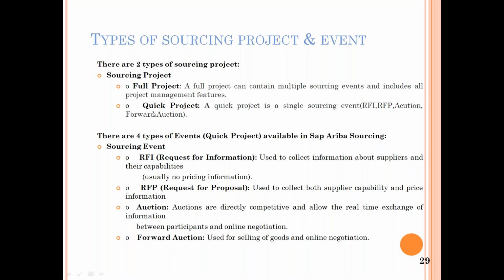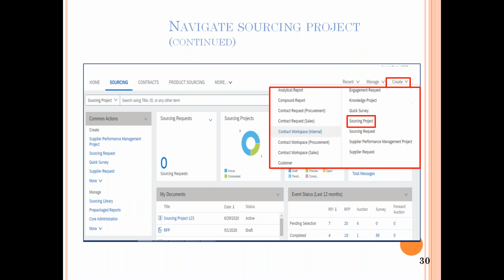But if you select quick project, only one. If you want to skip, you can skip the others, even in a full project. You will have the option whether you want to go for all four or only two. But if you select quick project, you will have all the options in the drop down, but only one you can select. That is the difference between these two.